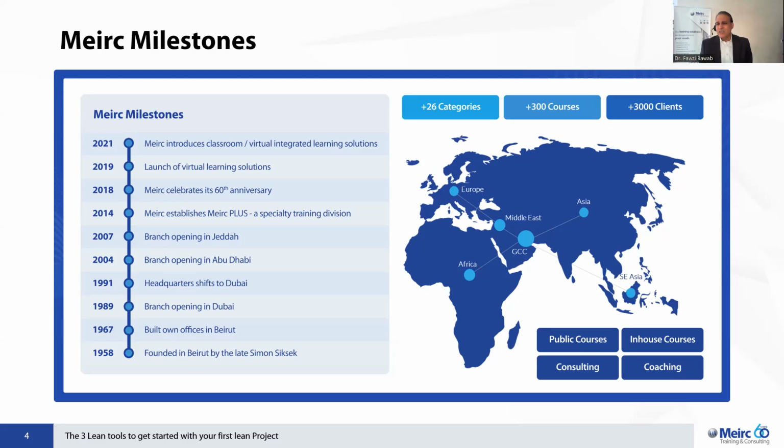We have over 26 categories and 300 courses on different topics, and we also offer in-house courses, where we fly into a destination, whether Saudi, Kuwait, or any of the other destinations around us, and deliver specific training solutions. We also have a consulting arm, which delivers KPI, strategy, and HR consulting. So we sometimes help organizations deploy some of the concepts that we discuss in our training courses.